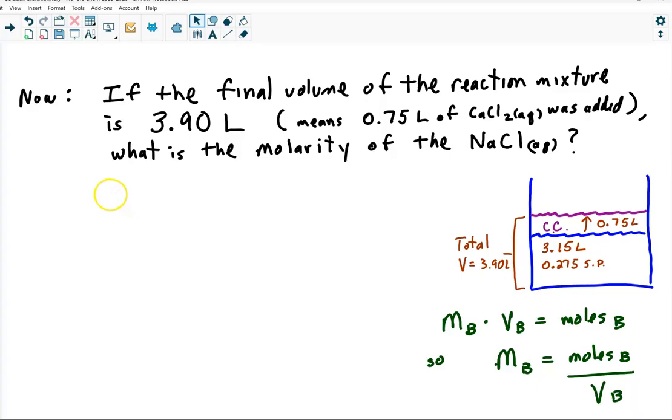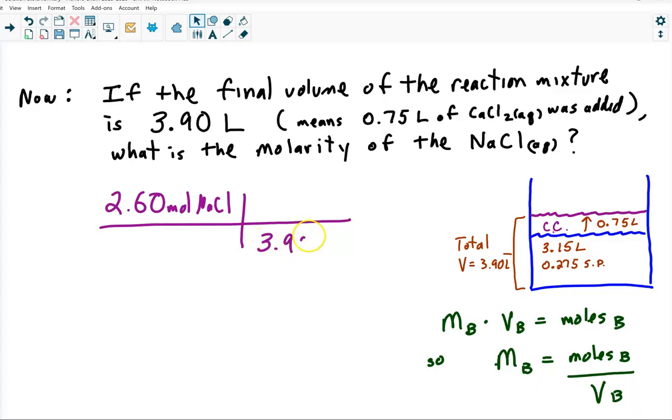Well, we already figured out that we have 2.60 moles of NaCl, and now we know that the volume was 3.90 liters. Yes? And that ends up being my molarity. 2.60 divided by 3.90 is 0.667 molar NaCl.